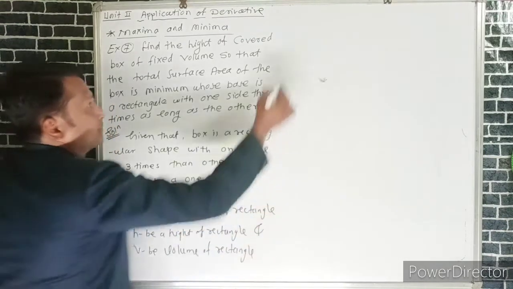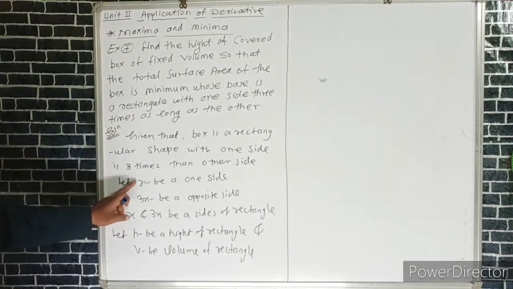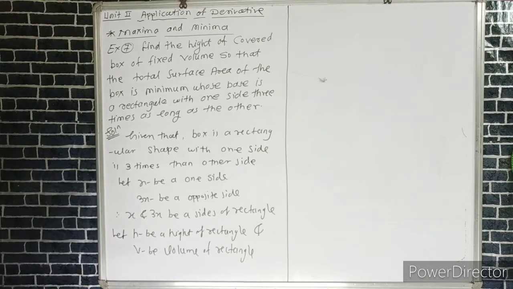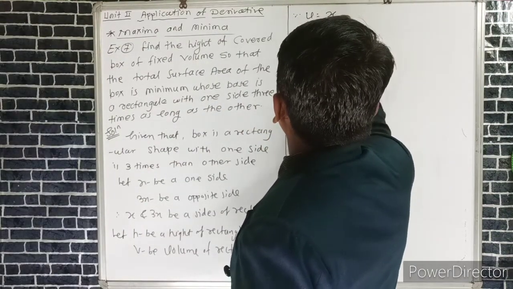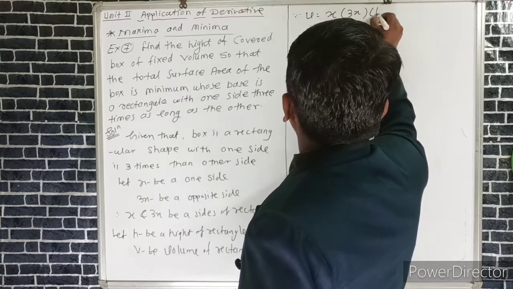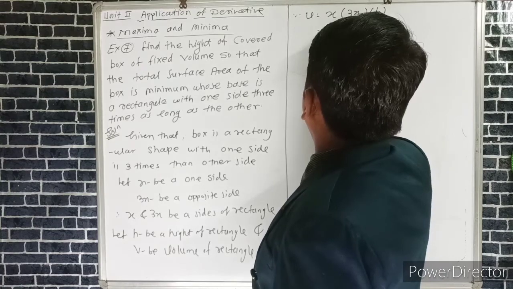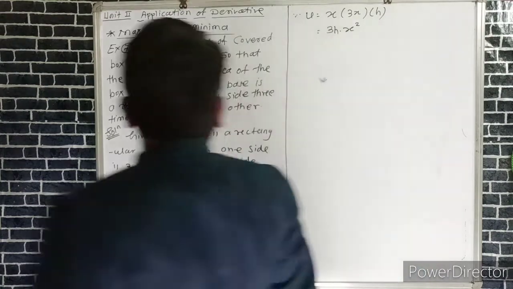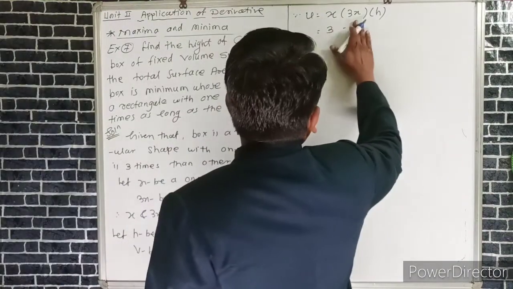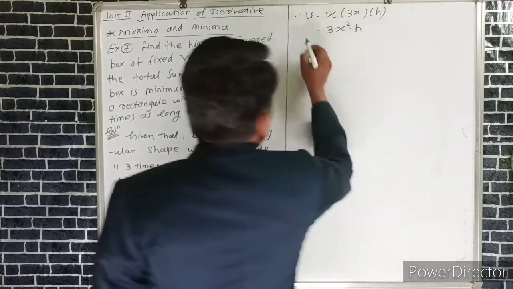We know that the volume of the box, with sides x, 3x and height h, is v equal to x into 3x into h. So we can write it as 3h into x square, or 3x square into h, which is v.